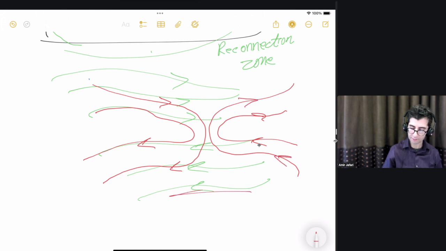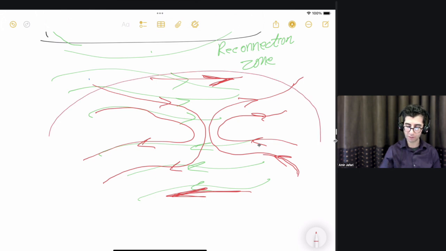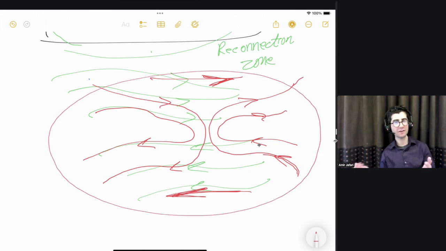So in this region, I have magnetic field oriented in this direction. So you have these field lines. Above, I have this direction. So you see that outside of this reconnection zone, the direction of magnetic field doesn't change much. But here you see initially you have these field lines in green color, and then all of a sudden they change, and you get this pattern in red color.